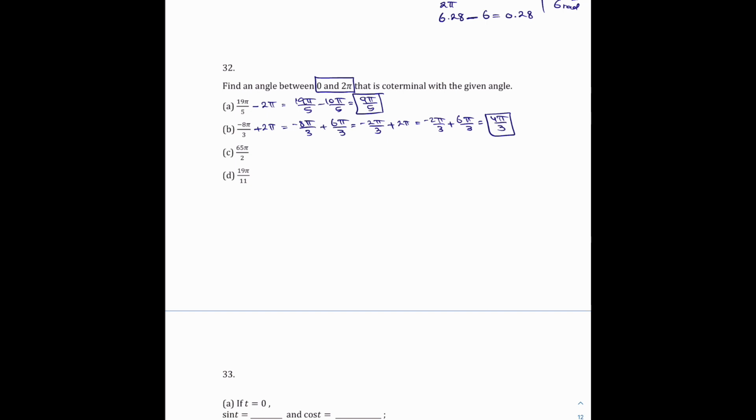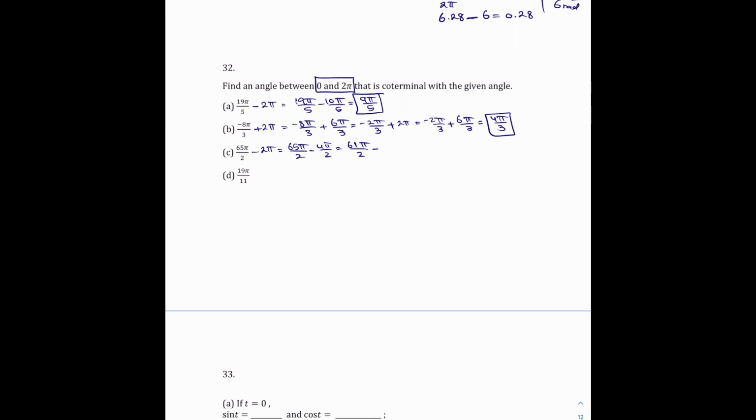65 pi over 2, I'm going to subtract 2 pi from that, so we will get 65 pi over 2 minus 4 pi over 2, and that is equal to 61 pi over 2. Instead of removing 2 pi at a time, I am going to remove 30 pi at a time.